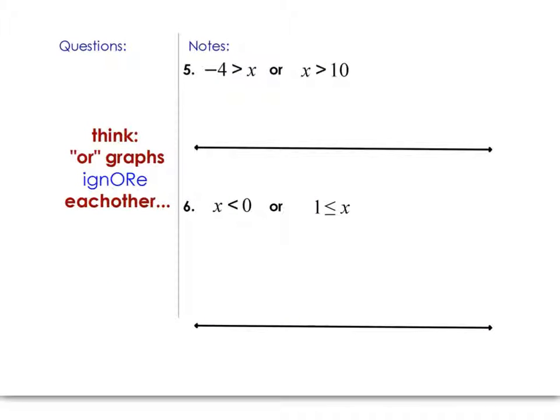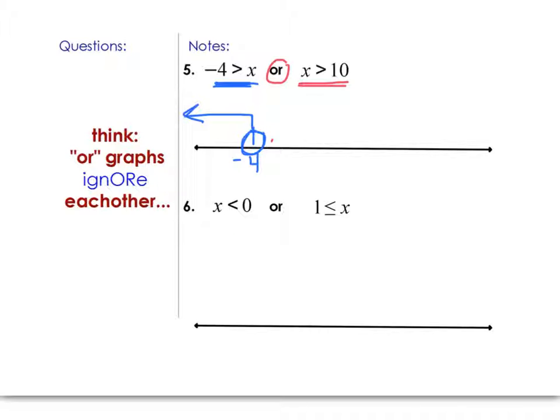So I have -4 is greater than x. So I could also say x is less than -4. If I have -4 on my number line, if x is less than -4, I have an open circle at -4, and I'm going less than it. Or x is greater than 10.